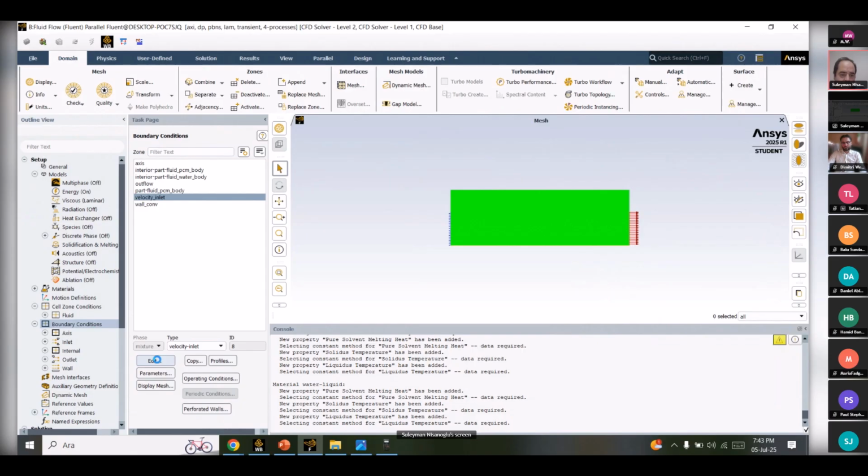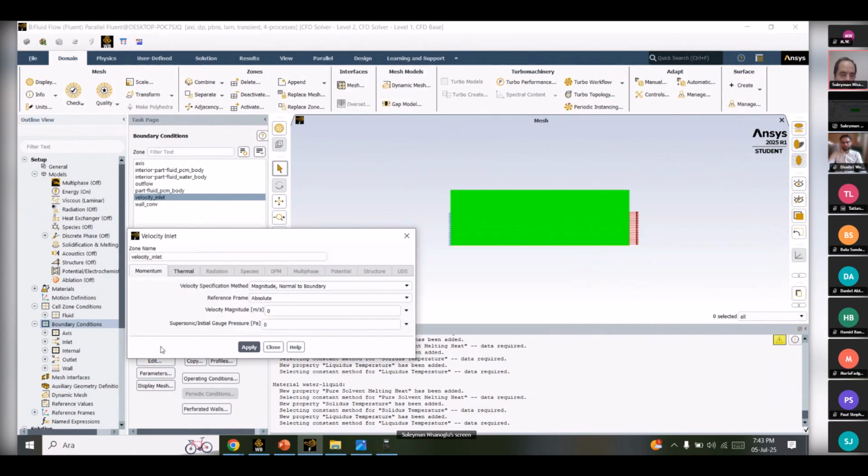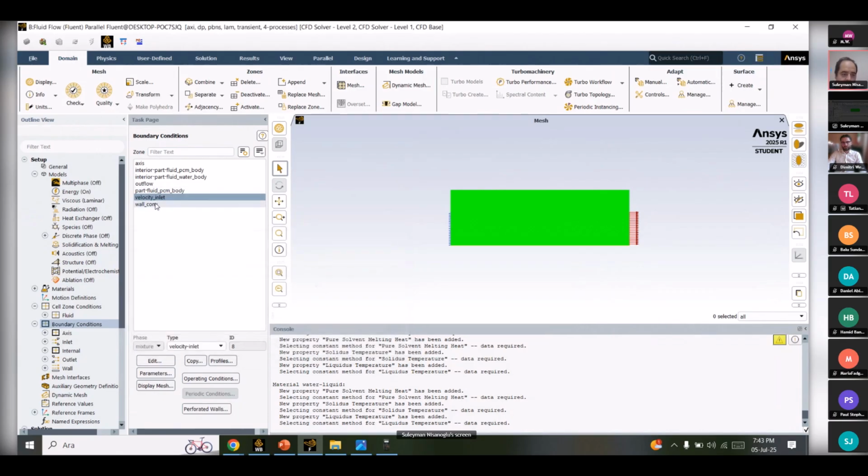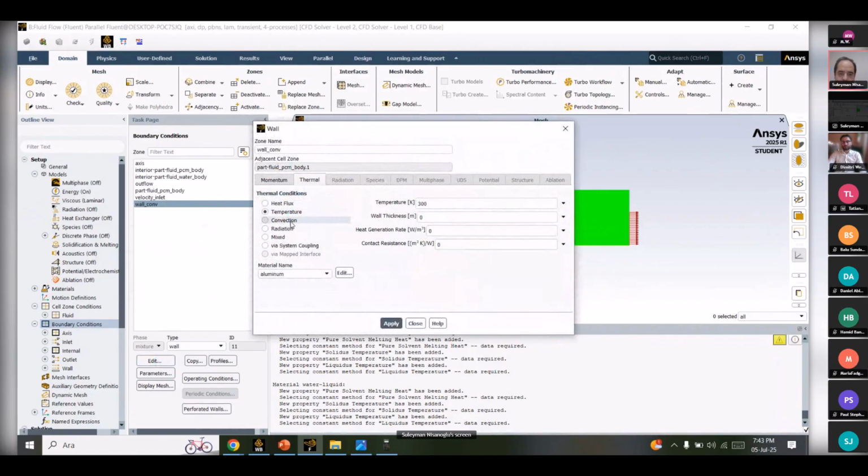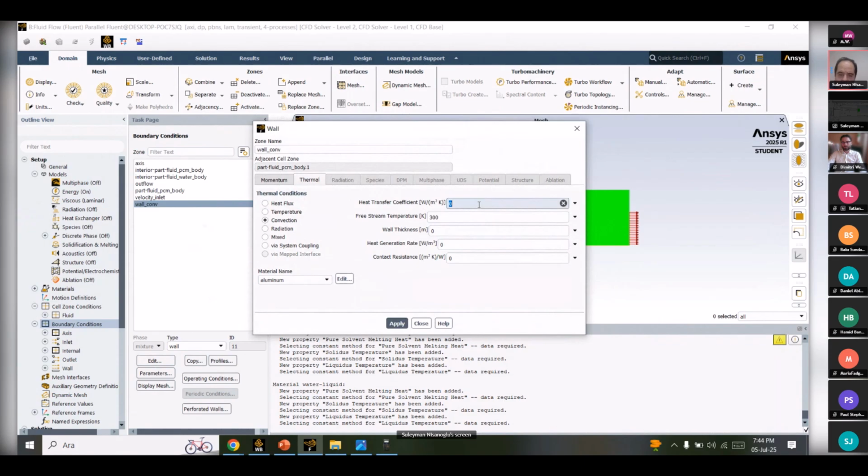Velocity inlet, I don't know, maybe I will make mistake, but 0.01, 350 Kelvin, and convection heat transfer, the outside the wall, convection, heat transfer coefficient 20, free stream temperature, I think 300 is good, okay.